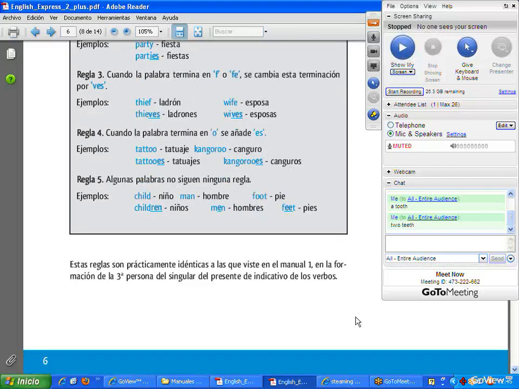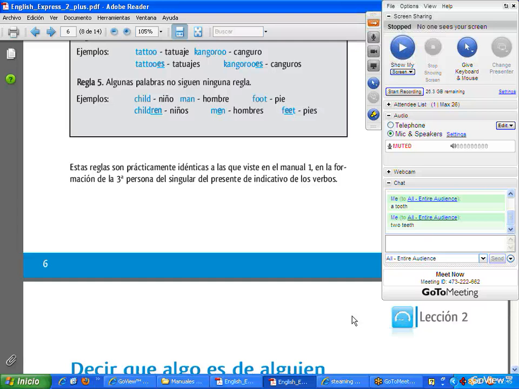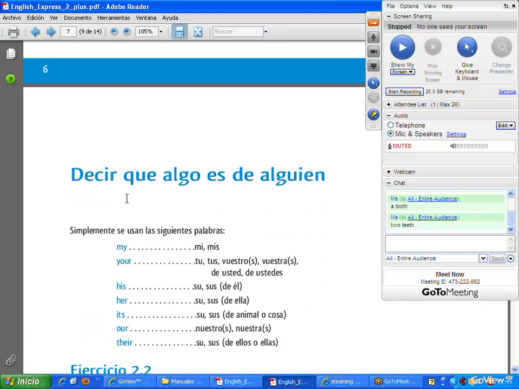Okay, it says, to say that something is someone's. To say that something is someone's. We call these the possessive adjectives. Look at these words.